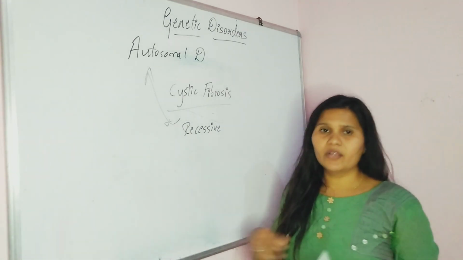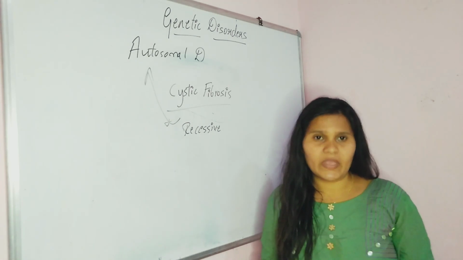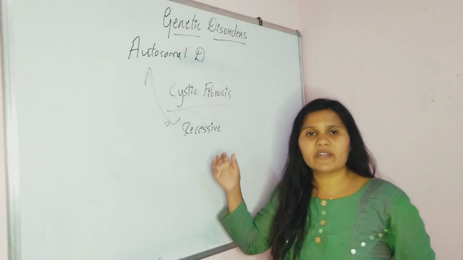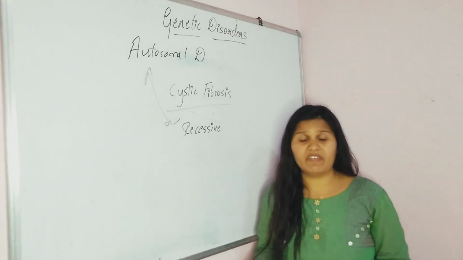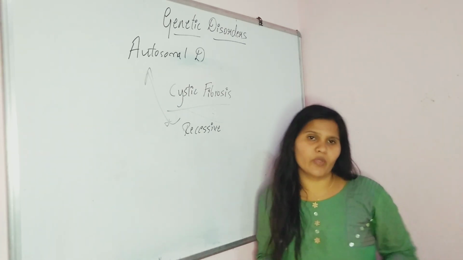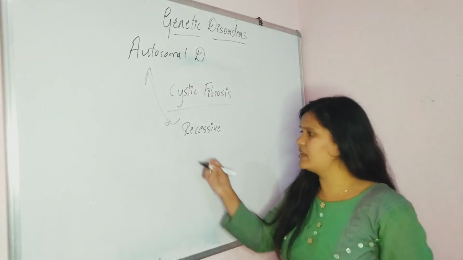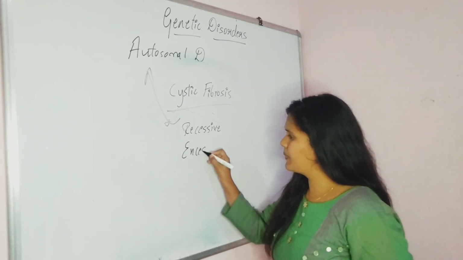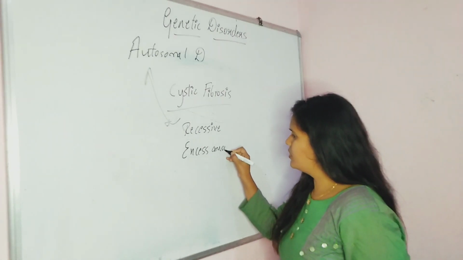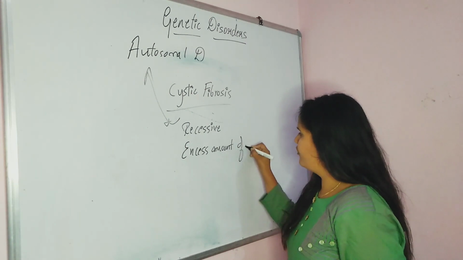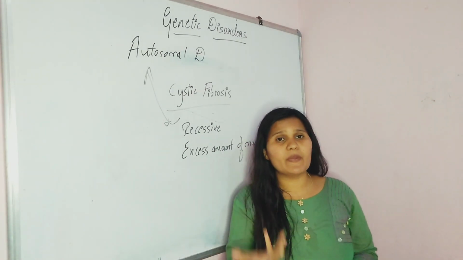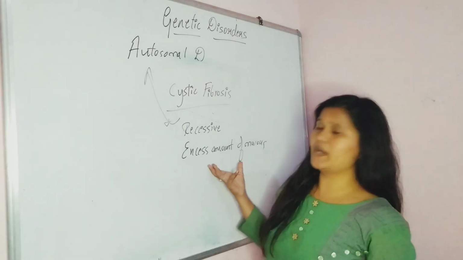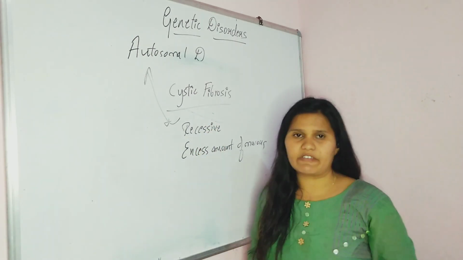So here, due to the gene mutation in a person who is affected by cystic fibrosis, the person's body will have an excess amount of mucus. More mucus will be produced in a person who is affected by this cystic fibrosis.